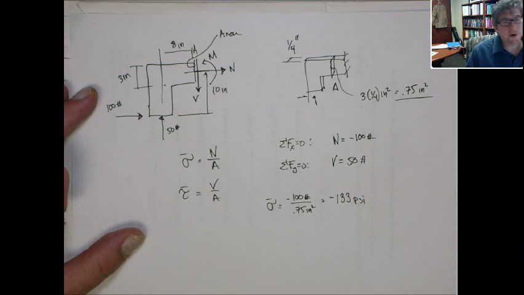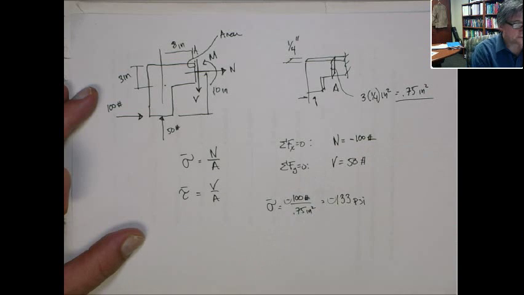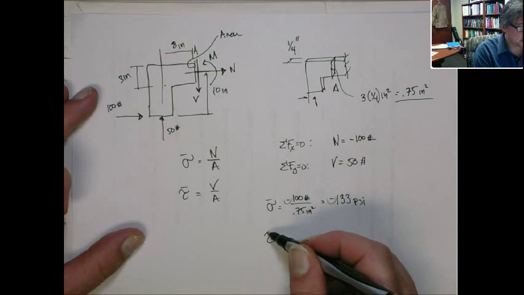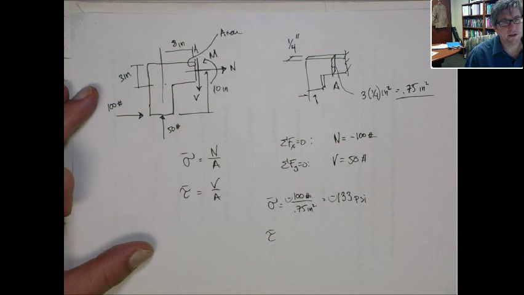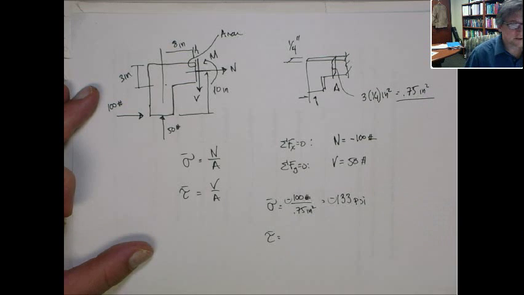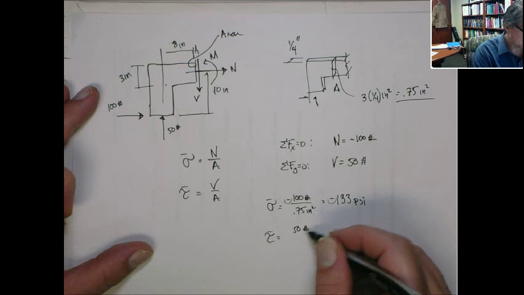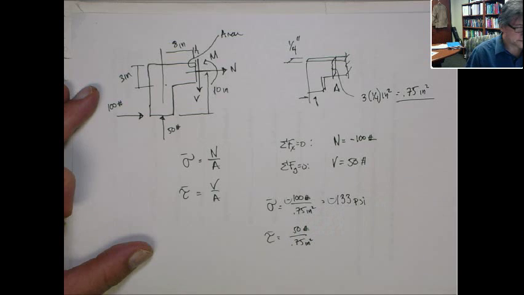Now, for the normal stresses, it's really important that you get the sign correct. For the shear stress, it's a little more tricky to ascertain the sign. There's a convention to it, but for now, I don't want to worry about the sign convention on shear. We'll talk about it later. The shear is going to be 50 pounds over the 0.75 inches squared.